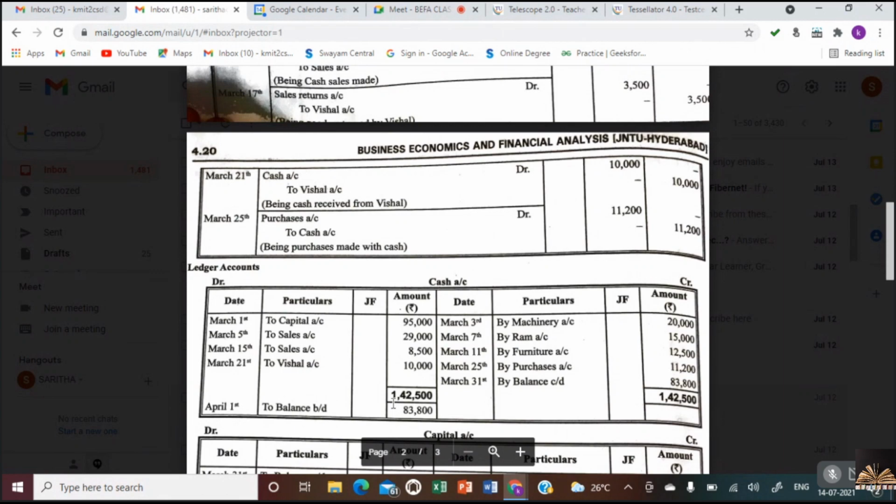Now come to the credit side. If by balance carried down, the 4 items, just do the total till 11,200 of credit items, all of you. Just tell me the total.